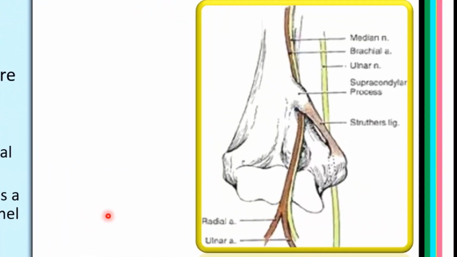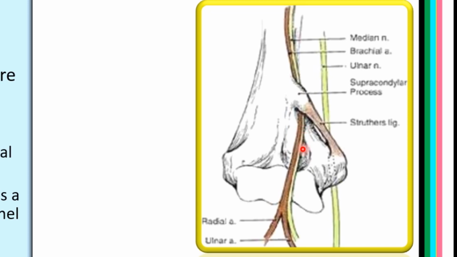Now, in this illustration, this is the lower part of the humerus, and here is the medial epicondyle, here is the lateral epicondyle. Here is the supracondylar region. Now, when we have this process called the supracondylar process, it creates a potential site for median nerve entrapment, as you can also see here, the median nerve running deep to this process.